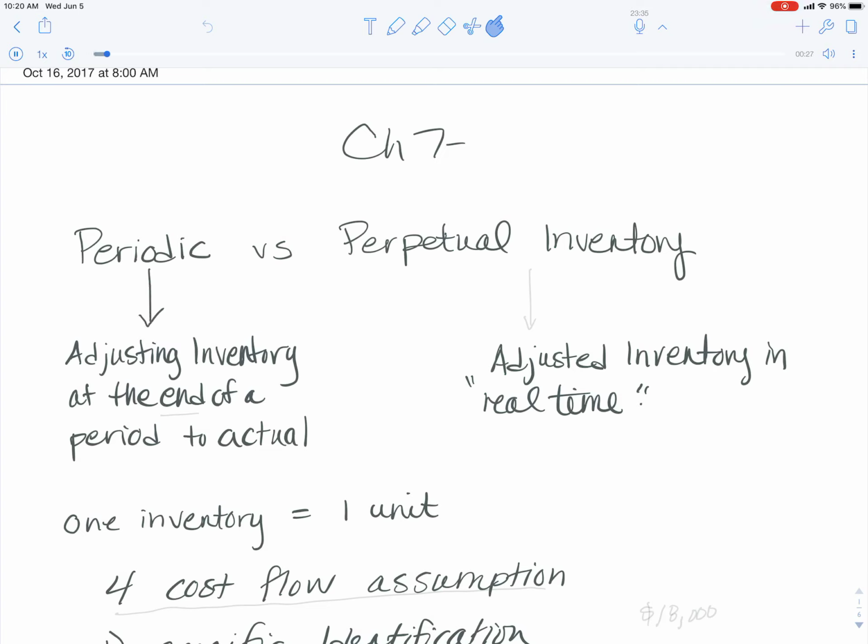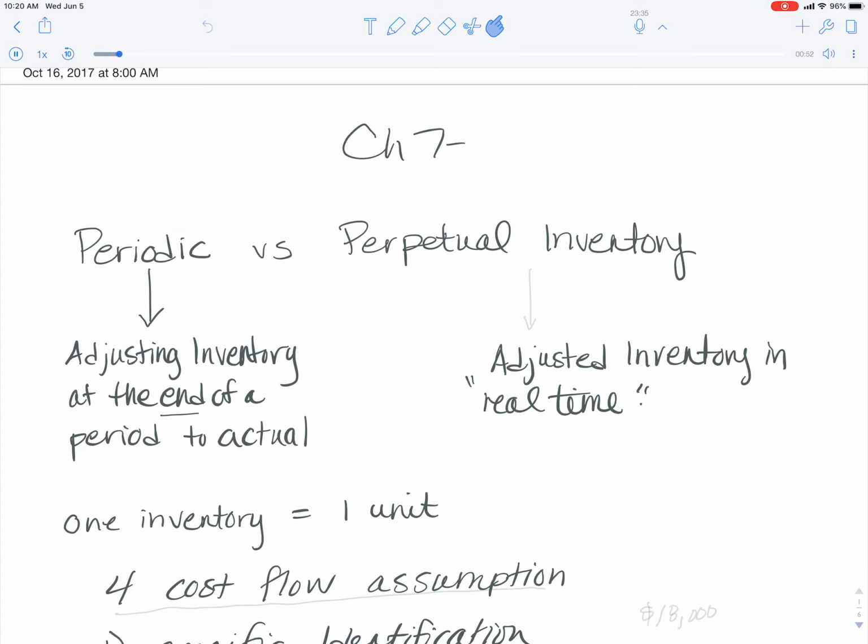The first way is the periodic method. The periodic method has us adjusting inventory at the end of the period, the month, the year, whatever period we're looking at. So we don't make any adjustments to our inventory balance, even though we're selling things all month. We don't adjust the balance in inventory until the end of the month or the period.